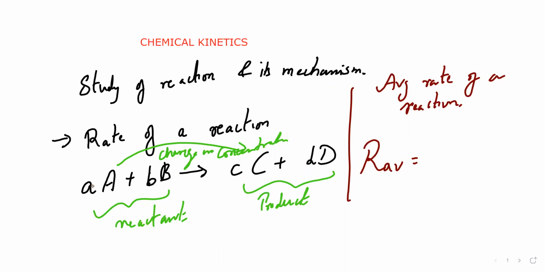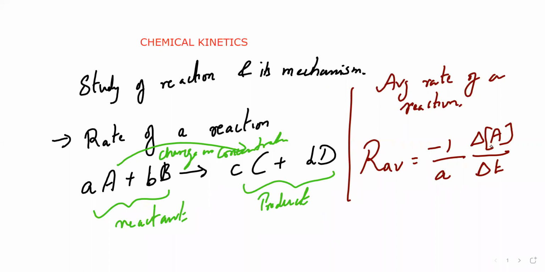So average rate of reaction is nothing but negative of 1 by a, delta [A] by delta t. Now, can anyone tell me what these brackets are for basically? The square brackets. In the meantime I'll write the remaining thing.